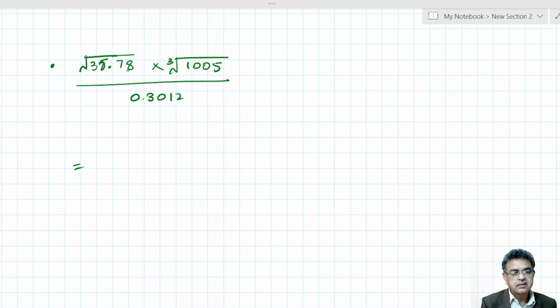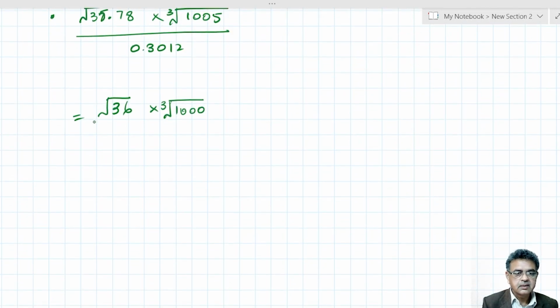As I said, we are not asked to give the accurate value but to estimate. So we find that the nearest perfect square to 35.78 is 36, and as this is a cube root, we should have the sense that this is the cube of 10, and we round off this value to one decimal place.